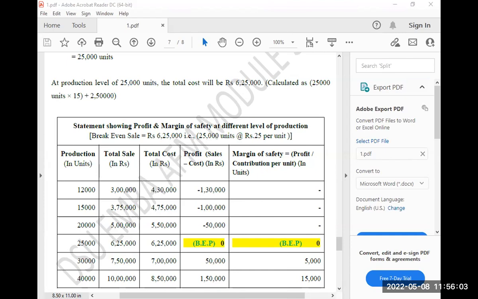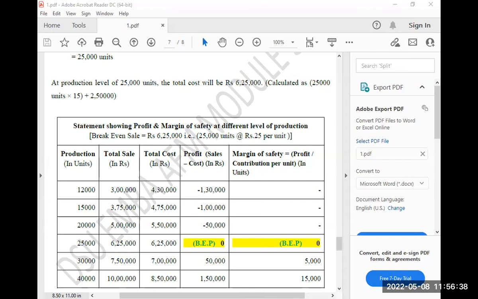Chapter 12 is there? We'll send it. Directly send it to the group. Yeah, this one. Sharing the group. Okay, so we're getting one PDF file in the WhatsApp group.